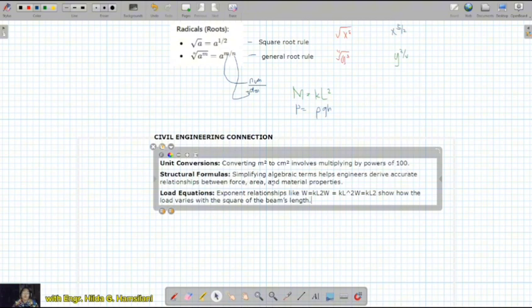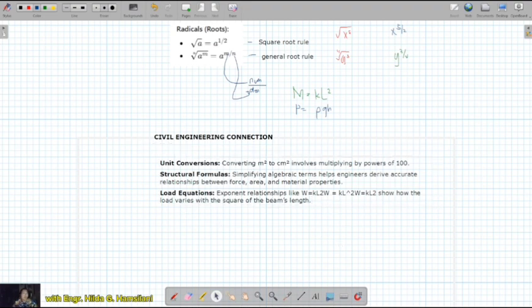In structural formulas, we have simplifying algebraic terms, which helps engineers derive accurate relationships between force, area, and material properties. And also for load equations, exponent relationships show how the load varies with the square of the beam's length. So every structural design, no matter how complex, begins with simple algebra and a language that lets engineers express and simplify reality into solvable formulas.